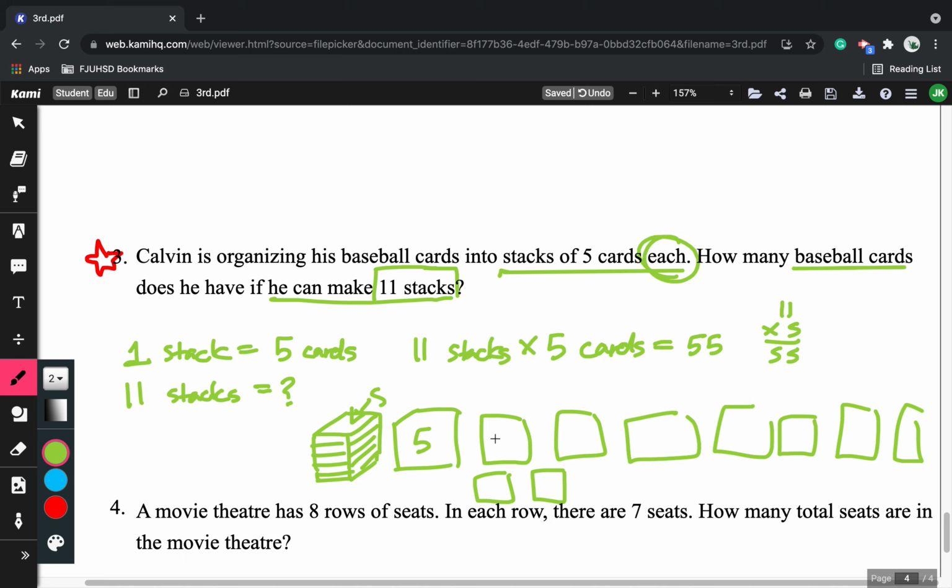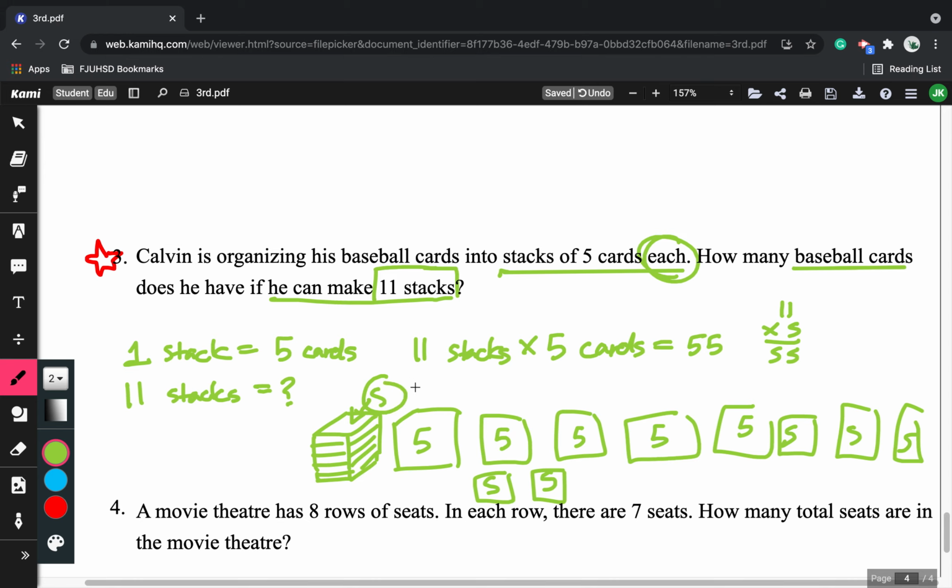Each means there's 5 in every single stack in this example. So that's 5, 5, 5, 5, 5, 5, 5, 5, 5, 5, 5. And multiplying basically says, hey, let's get all these 5s and add them up.